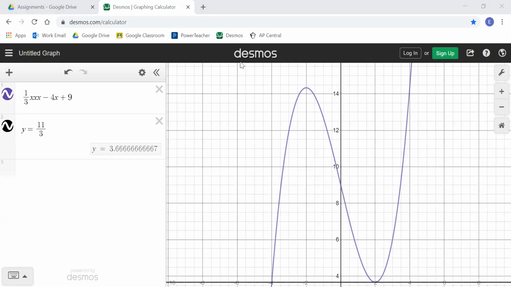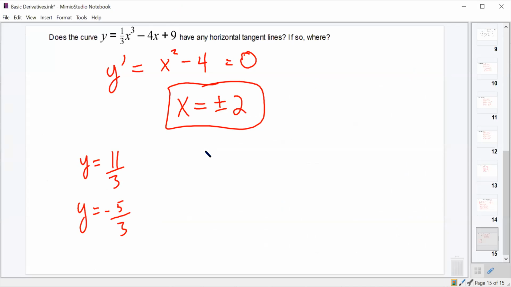Let's take a look at the one for when we plugged in negative 2. So if we plug in negative 2, negative 2 cubed should be negative 8, so this should be negative 8/3, and then plus 8 plus 9.